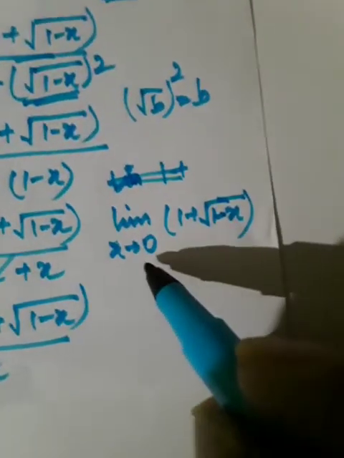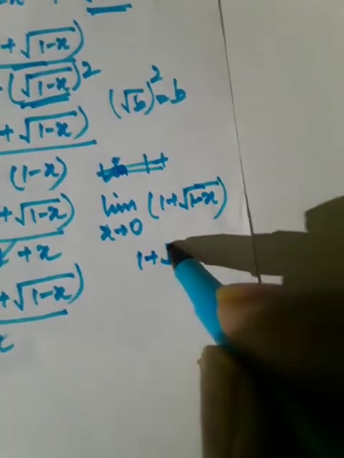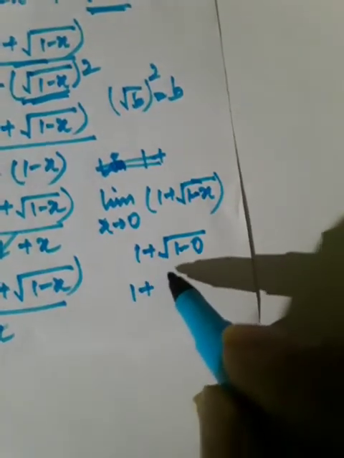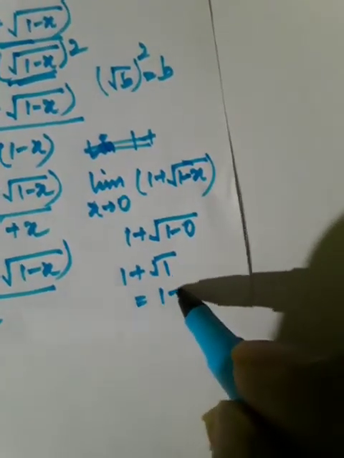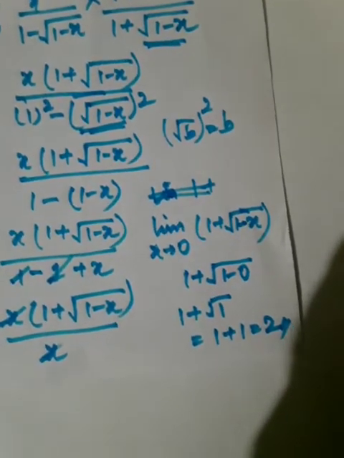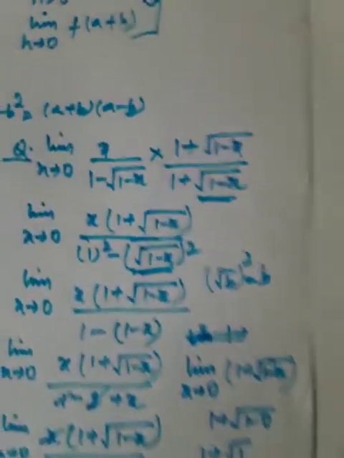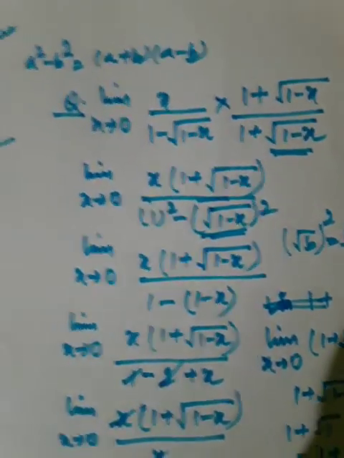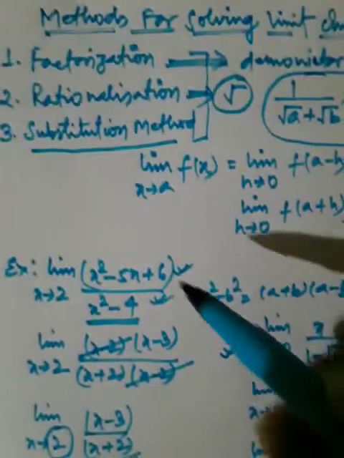Now if we put the value of x as 0, we get 1 plus under root 1 minus 0, that is 1 plus under root 1, and that is equal to 1 plus 1, that is 2. So the value that comes is 2. Now we can see that in this problem, which method have we used? We have used rationalization method.